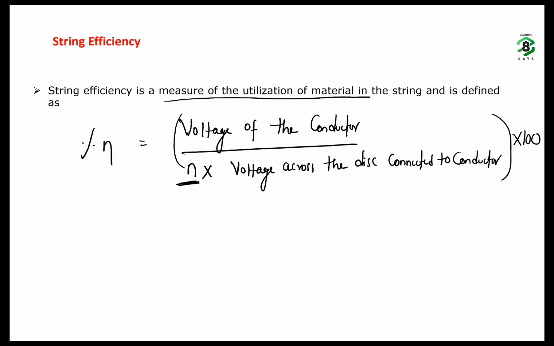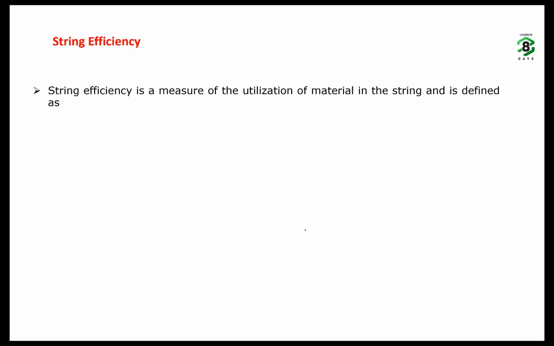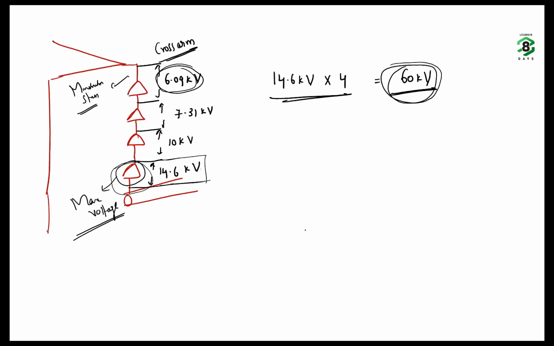In the previous example, if we calculate, the voltage of conductor is 38.10 kV. Phase to neutral voltage of conductor is 38.10 kV. How many discs are there? There are 4 discs in the insulator string. What is the voltage across the disc connected to the conductor?